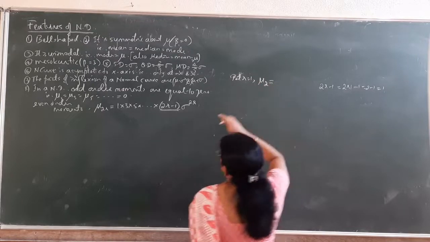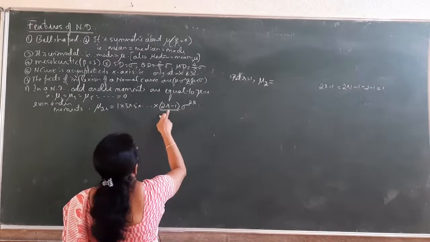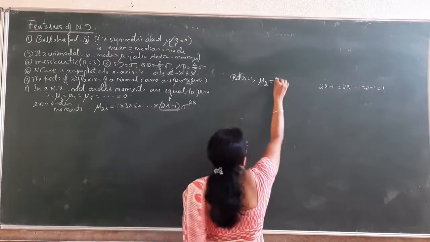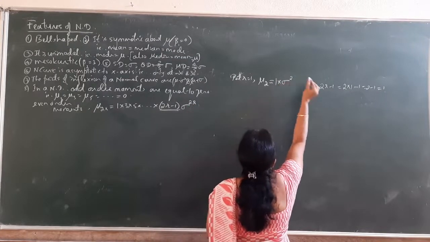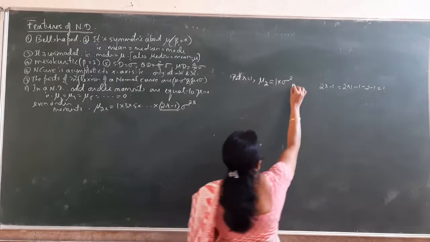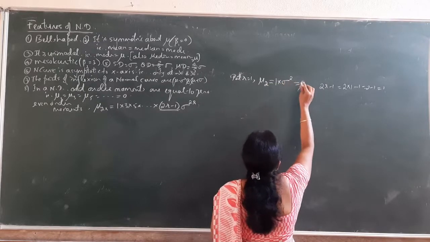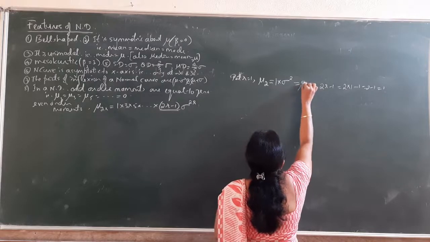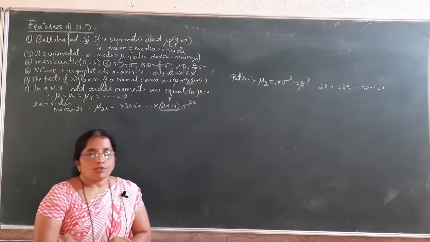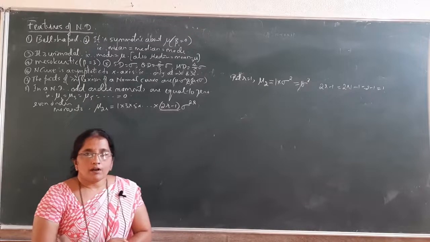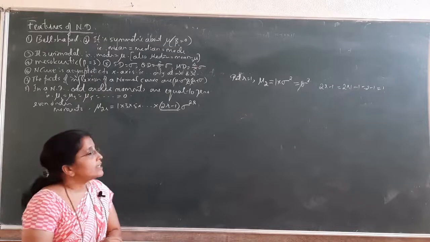So here start the product from 1 and end with 1. So only 1 we have to consider here. The next factor is sigma power 2r, 2 into 1, 2. So the value of mu2, that is the second order moment, is given by sigma square. Mu2, that is an even order moment, second order moment, mu2 equal to sigma square.